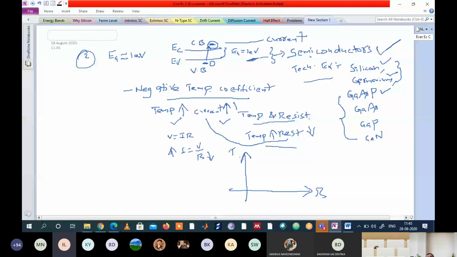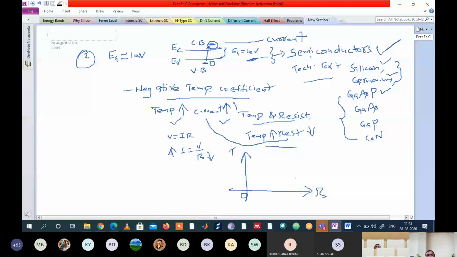How should the graph be? Is it an increasing function or a decreasing function? Suppose temperature is equal to 0. If temperature is 0, what is the value of resistance? Temperature 0 means what about energy?